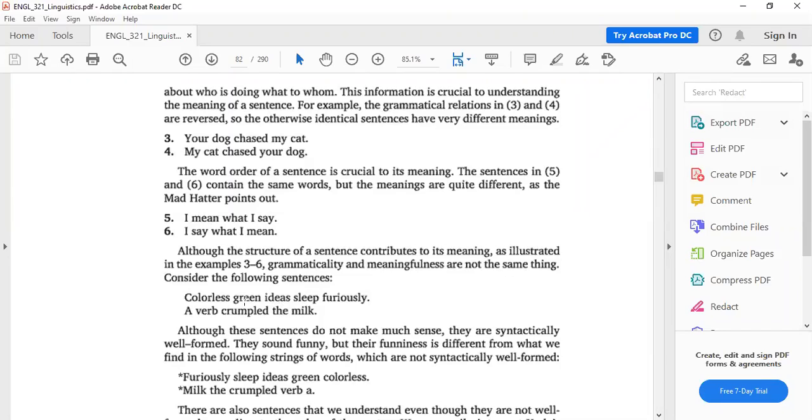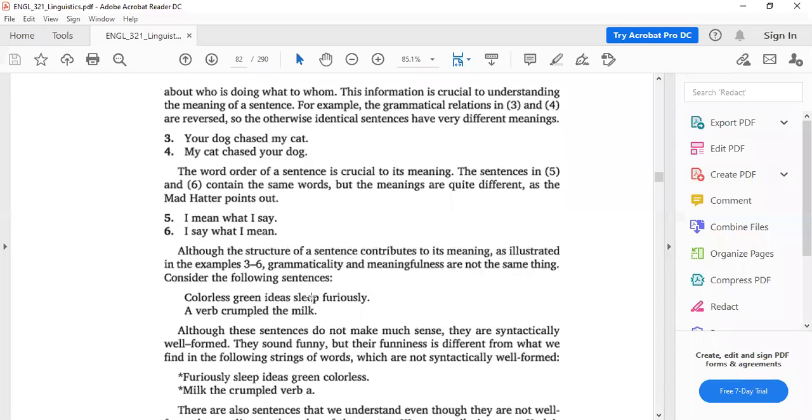Metaphorically we can, but in normal usage, no. So this is problem number 2: ideas don't have colors. And ideas don't sleep. About the subject, do we have other problems?